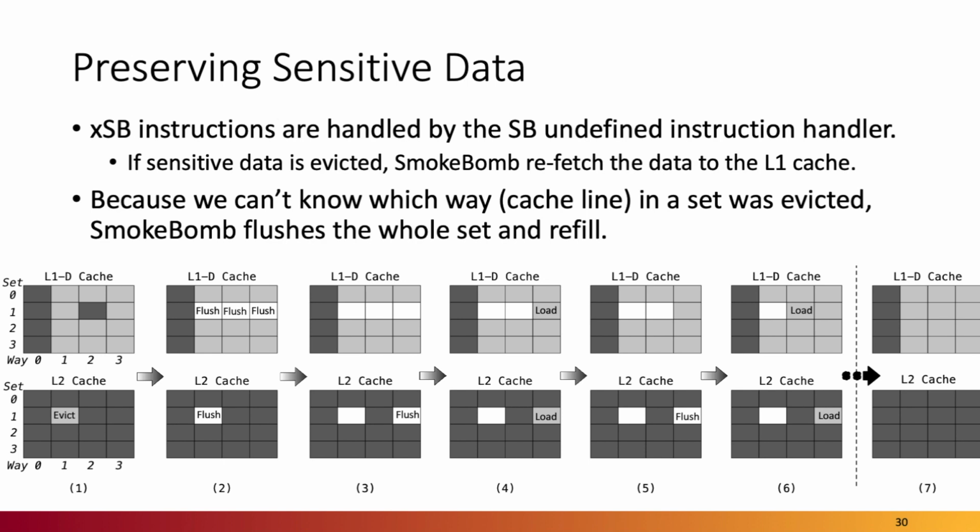Therefore, only our SmokeBomb instructions can evict the sensitive data from the add-on cache while the sensitive code is executing. If sensitive data is evicted by SmokeBomb instructions, we refill it as shown in the figure. We note that we can't know which cache line was evicted because of the pseudo-random placement policy. Therefore, we need to flush an entire set and refill the set.